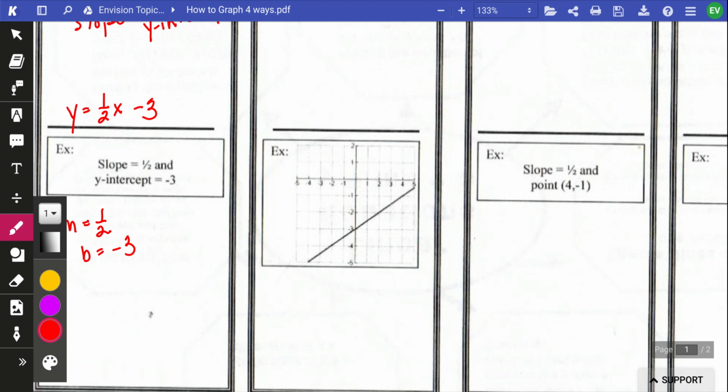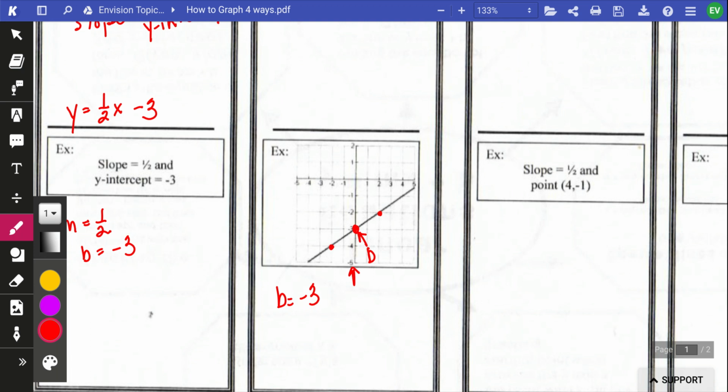Our y-intercept is where our line crosses the y-axis, and in this case, that's at -3, so b equals -3. To find our slope, we're going to pick 2 points that are on the line. One point is here, another point is here. You could also use your y-intercept, really doesn't matter.